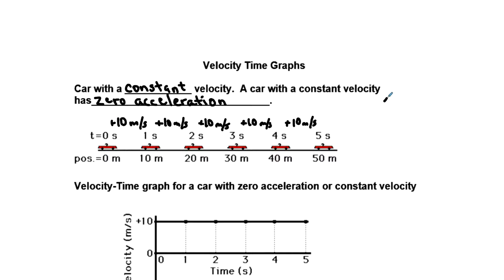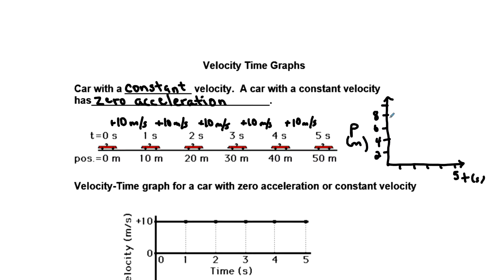So what we would have done previously in our position time graphs is we would have made our XY axis. We would have put position on the y-axis in meters, and we would have put time on the x-axis in seconds. Okay, and if I mark out the 5 seconds on the time, and then I can mark out, we'll go by twos, 2, 4, 6, 8, 10.